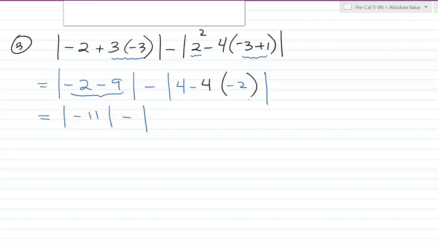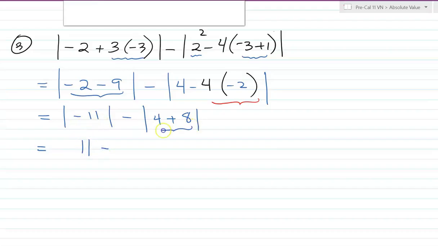Now the second one, we have to deal with this multiplication first. So let's deal with that. That will end up being 4 plus 8, because -4 times -2 is +8. Close the bracket. And then the last step is, in each one of those, the absolute value operation applies. So here, absolute value of -11 is 11.